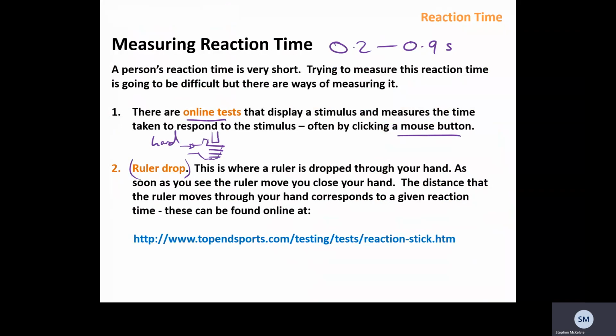And a ruler is left hovering above it. When the ruler drops, it will pass through the hand. And depending on where the ruler is caught, you'll be able to figure out the reaction time. So if the student catches the ruler at this point, after it's fallen down, very quick reactions. If it's a point further up, they're going to have slower reactions.